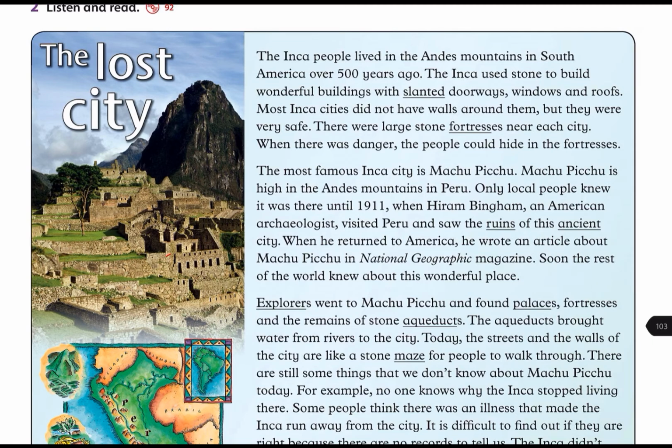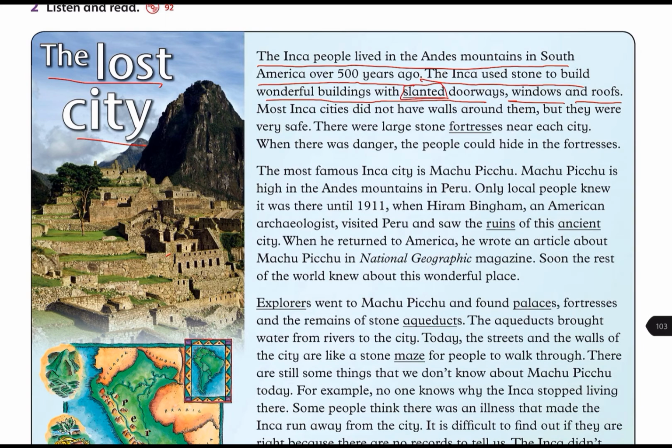The lost city. The Inca people lived in the Andes Mountains in South America over 500 years ago. The Inca used stone to build wonderful buildings with slanted doorways, windows, and roofs. What is the meaning of slanted?